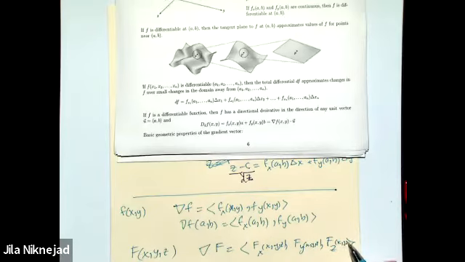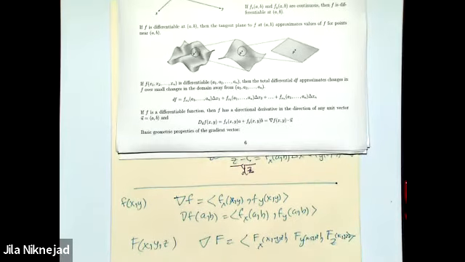x, y, z. Now, the beauty of gradients is that the gradient vector at a point is perpendicular, or orthogonal, to the level set of that function. This one has a level curve, that one has a level surface. That's why I'm saying that.